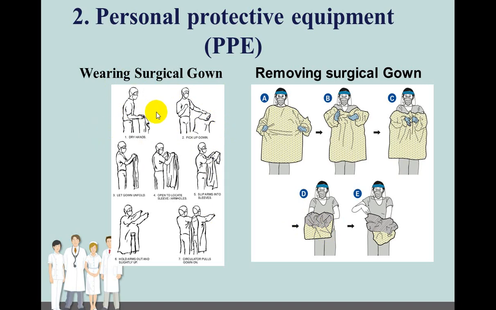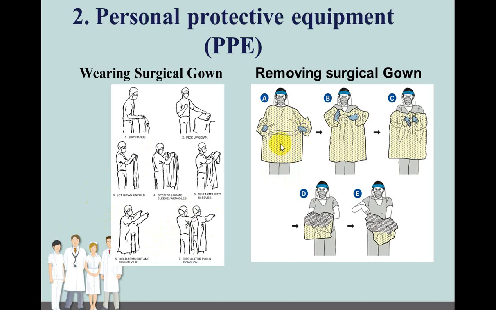Then you grab it, drop it, and start putting your hands in and try to move them towards your shoulders, and someone, the assistant nurse or circulating nurse, will help you to wear the sterile gowns.